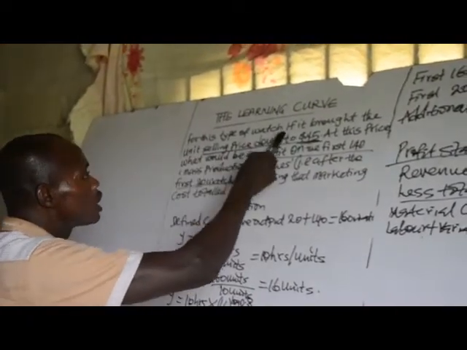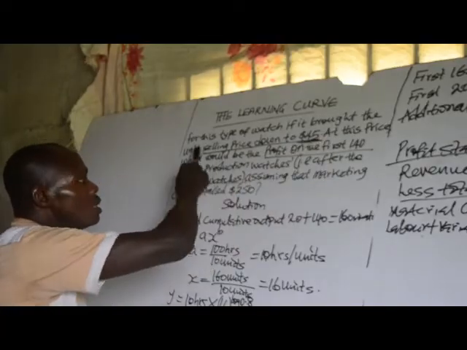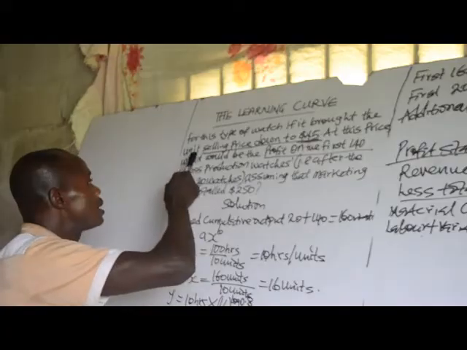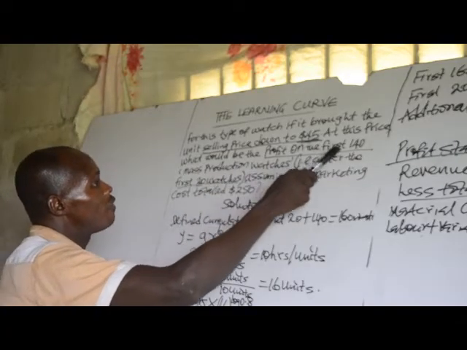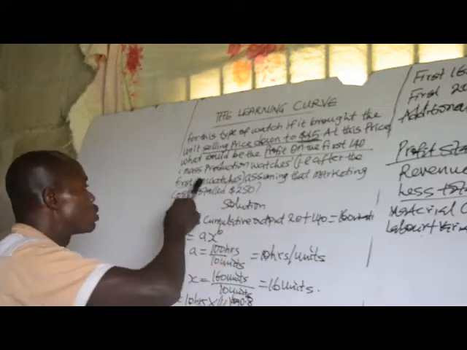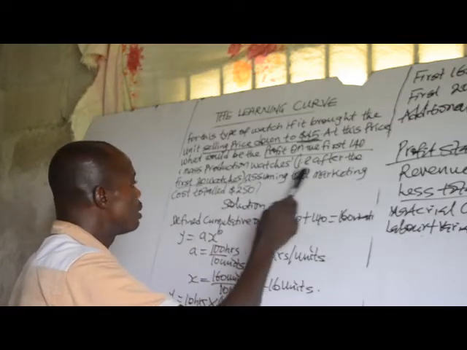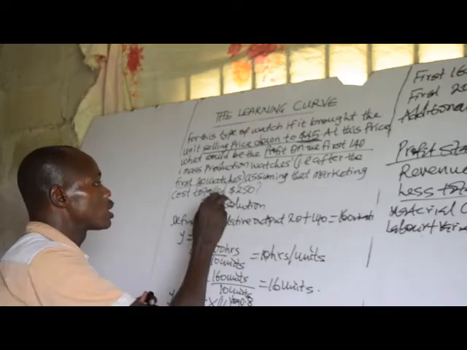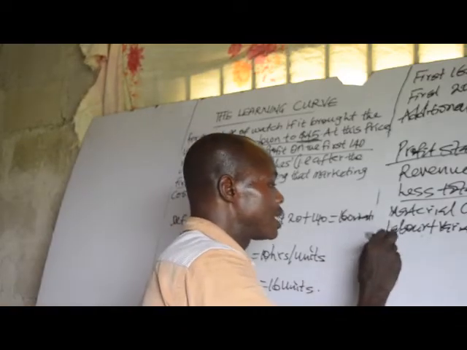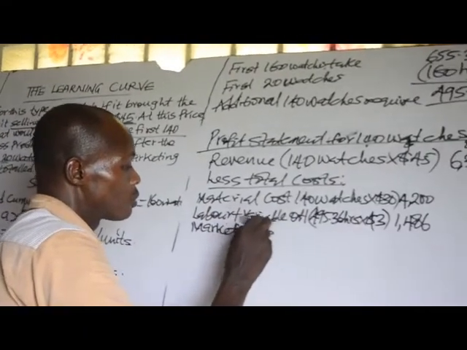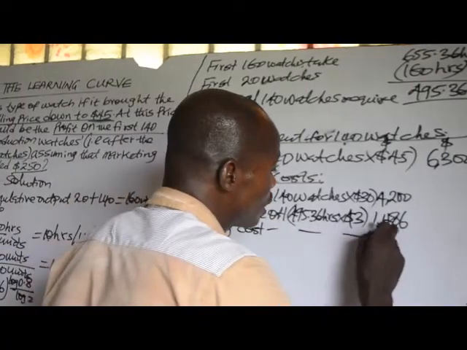For this type of watch, if they bring the unit selling price down to $45, at this price, what will be the profit on the first 140 mass production watches, that is after the first 20 watches, assuming the marketing cost totals $250. So we need the marketing cost, which is given to be $250.